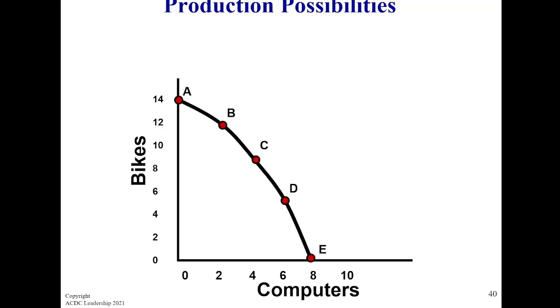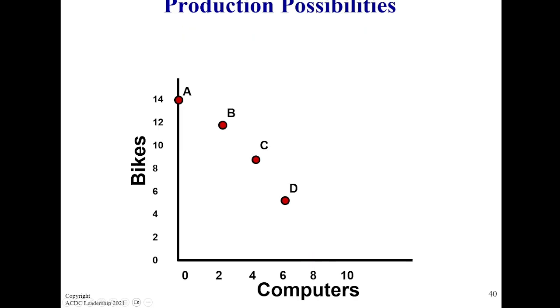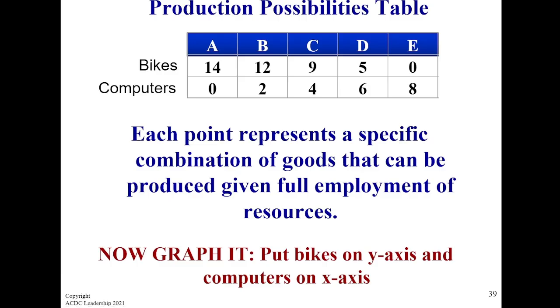And efficiency essentially suggests, think about this. A, B, C, D, and E demonstrate full efficiency. But if we go back to the table, let's say a business was producing 0 computers and 8 bikes. That's inefficient. We already know that this point is on the PPC.